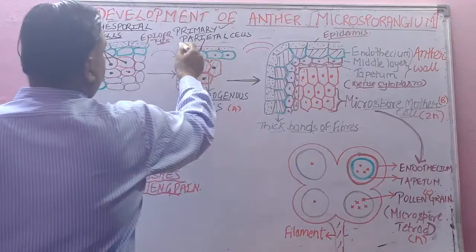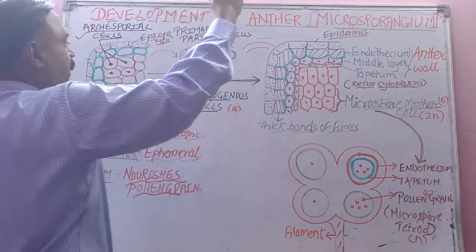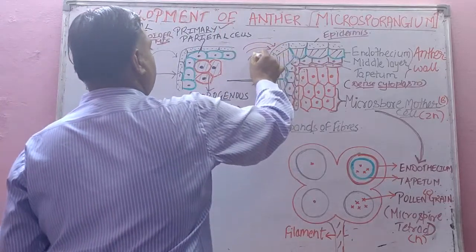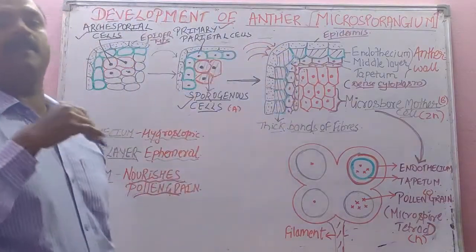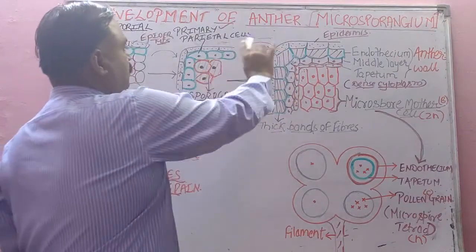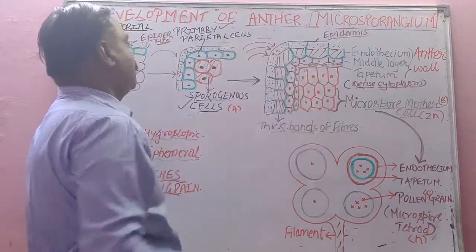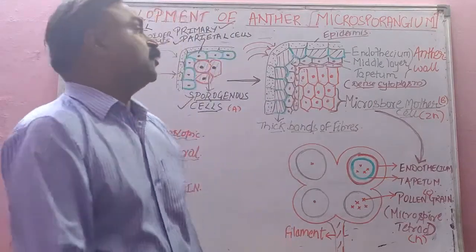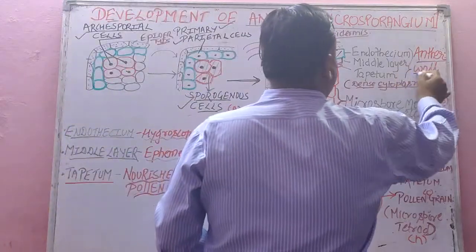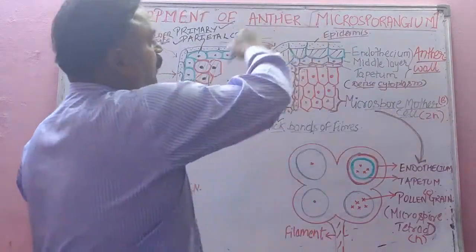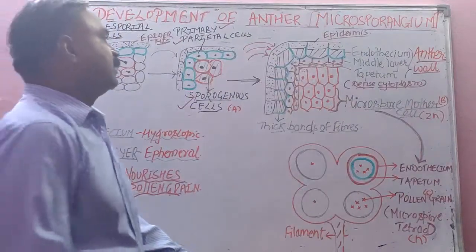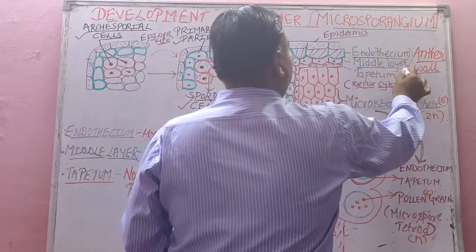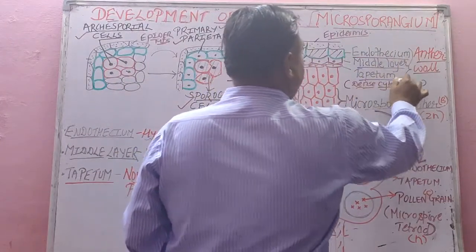In the next step, this primary parietal cell, outer primary parietal layer, they go through periclinal division. As I told you earlier, periclinal division means the division which occurs parallel to the organ.